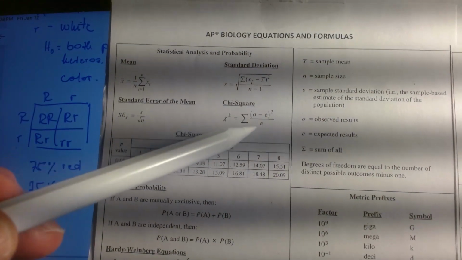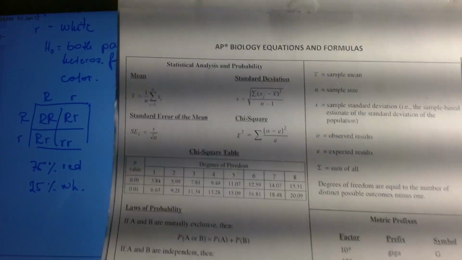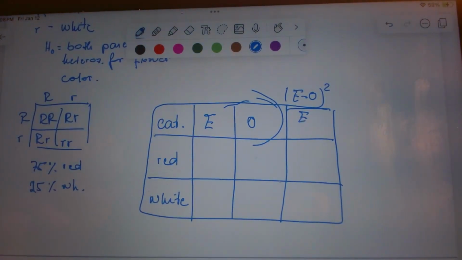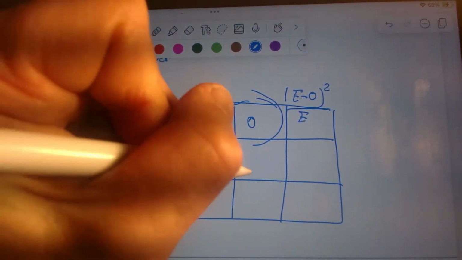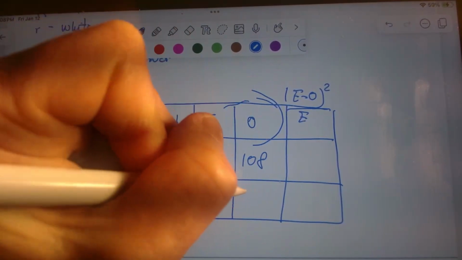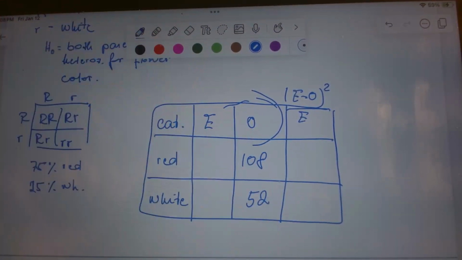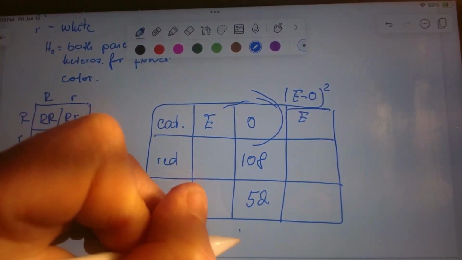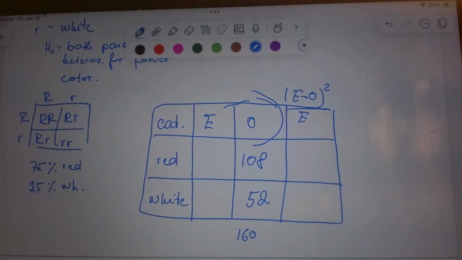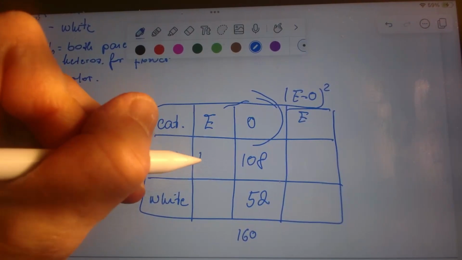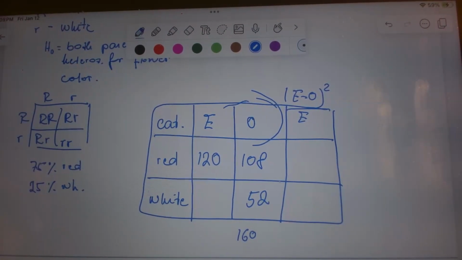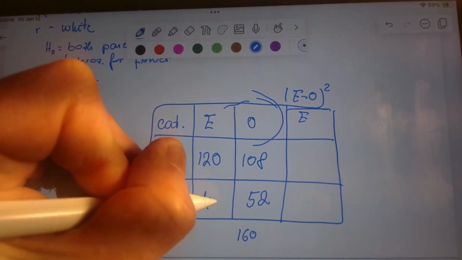Well, I used capital letters, but lowercase is fine too in here. And observed is 108. The other one is 52. And altogether 160 seeds. Now 75% of 160 is 120, and 25% of 160 is going to be 40.